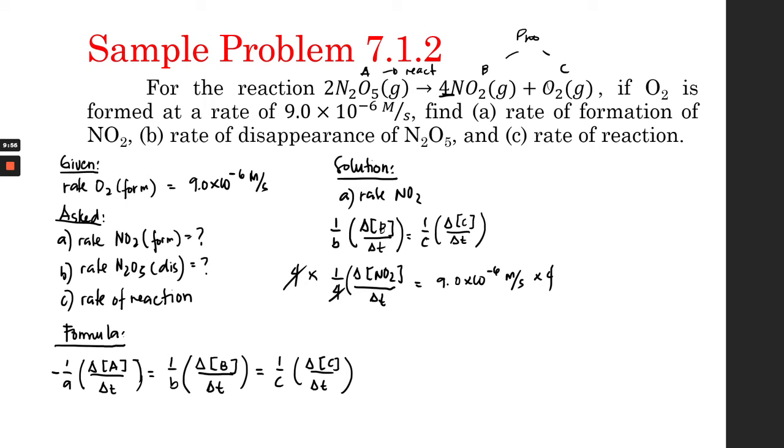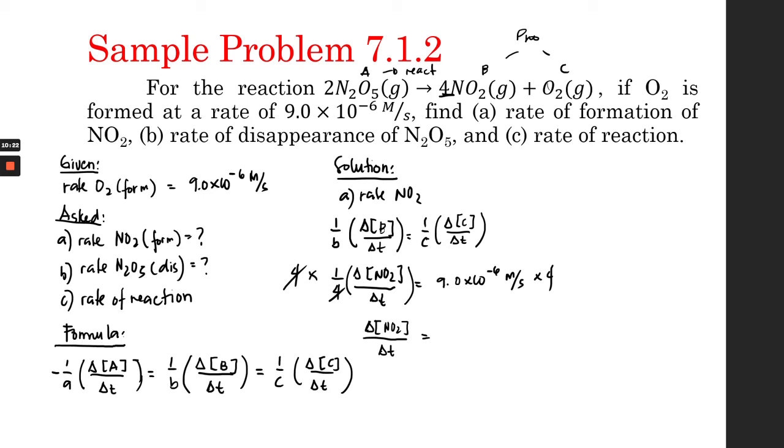So this is the rate of O2. If NO2 forms four times faster, we just have to multiply this by 4. So the change in the molar concentration of NO2, which is the rate of formation, is equal to 9.0 times 10 raised to negative 6 molars per second times 4.